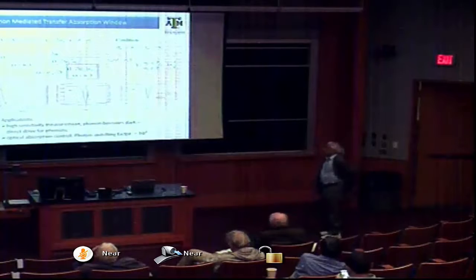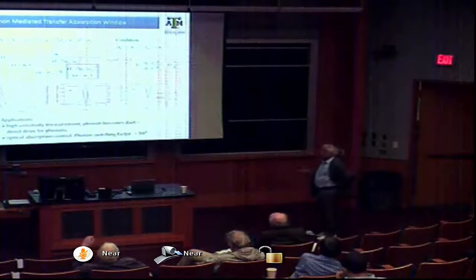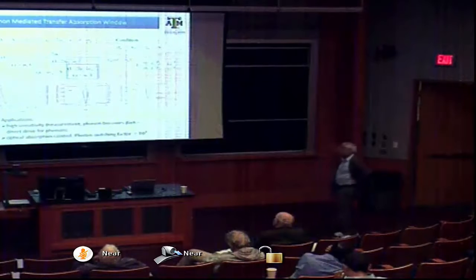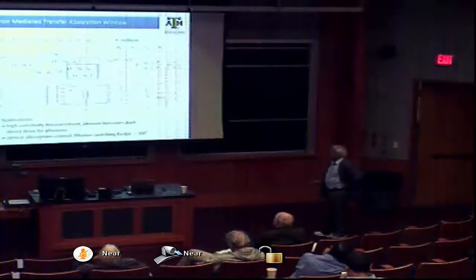Okay, so the result of the calculation: we can look at the left cavity output. We can look at the right cavity output, and what happens under these rather stringent conditions.